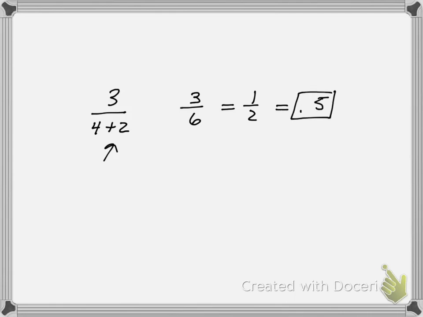That's what it should return to you. But if you enter it in 3 divided by 4 plus 2, like this, with no other adjustment, your calculator is going to return to you 2.75. And why is that? We already know that's wrong.